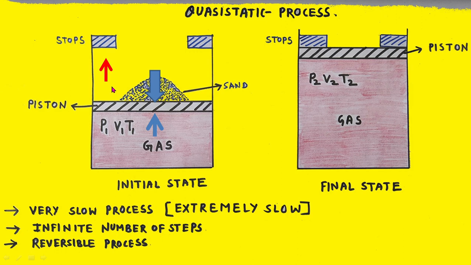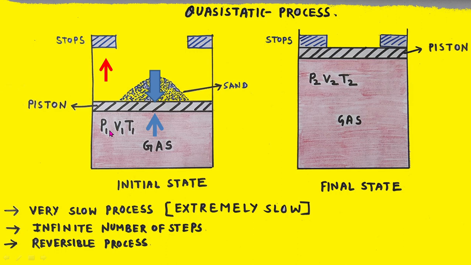Also, properties of the system like pressure, temperature, volume will remain almost the same. There will be a very minute change in the property of the system by removal of only one particle of sand, and it cannot be noticed by you or by any instrument.